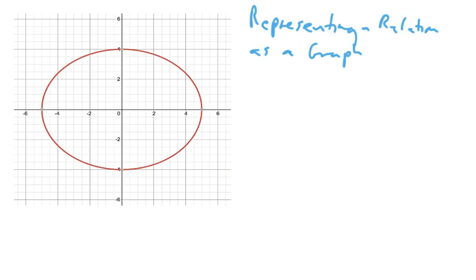When we look at the shape we see in a graph, it's really important to remember that although that does look like a continuous ellipse in this case, what you really are looking at here is infinitely many ordered pairs. Each one of these points on the graph. Oh, excuse me, my pen is being silly. There we go. Each point on this graph represents an ordered pair.